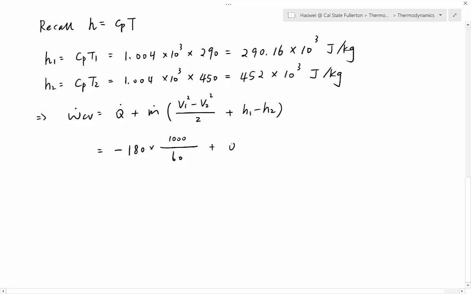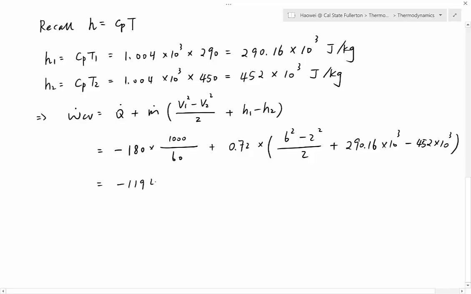Plus m dot, mass flow rate 0.72, times V1 squared minus V2 squared divided by 2 plus h1, 290.16 times 10 to the third, minus h2, 452 times 10 to the third. The final solution for W dot CV is negative 119400, and the unit must be SI, which is watts.